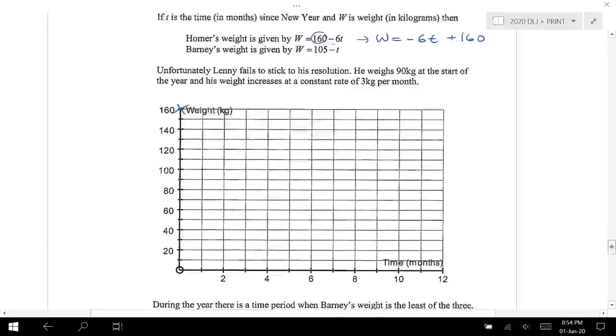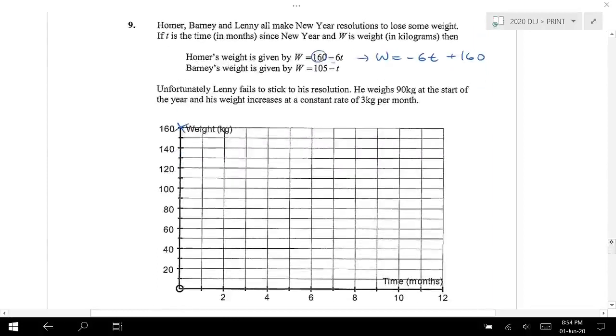So what I'm going to do is change this negative 6 to a negative 60 over 10. The reason I did that is because I can get another point on there quite easily. So when t equals 10, we would have gone down 60. So we're going to get a new mark over here at 110.